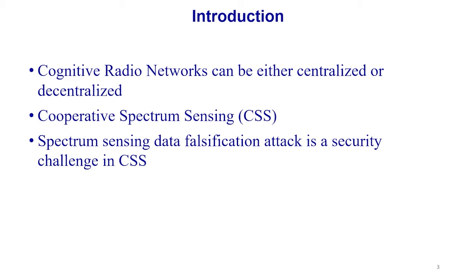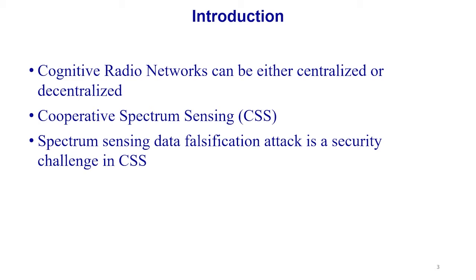In the centralized configuration, the decision is taken from a central point, but in the decentralized configuration, secondary users individually make decisions about the availability of the spectrum.